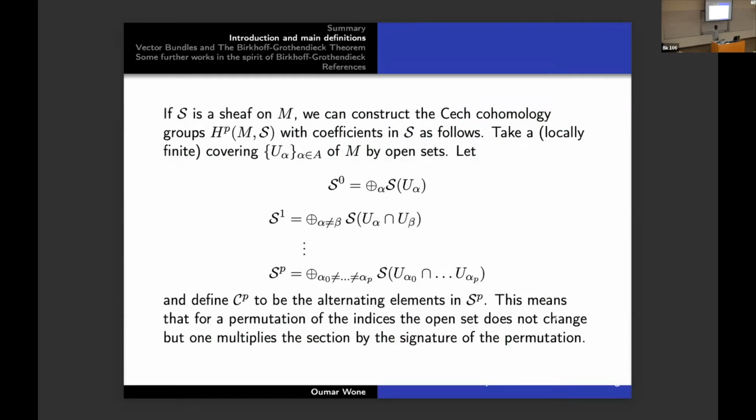Now, given a sheaf, we can construct the Cech cohomology of the sheaf with coefficients in S. How does one do this?